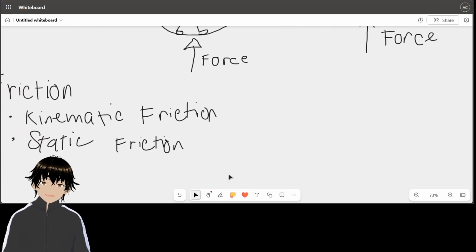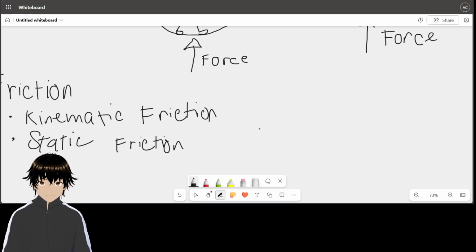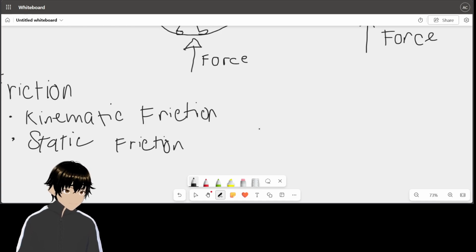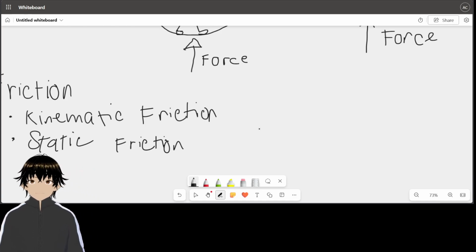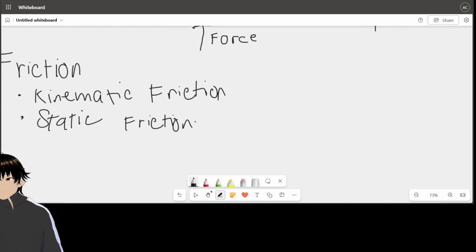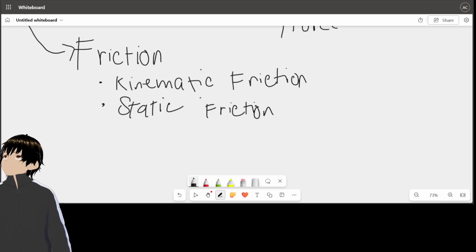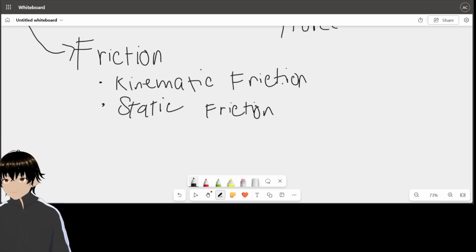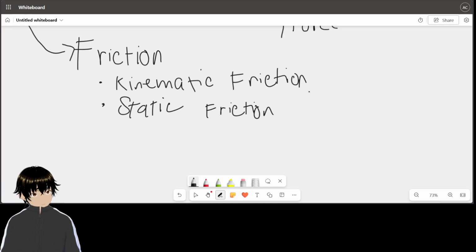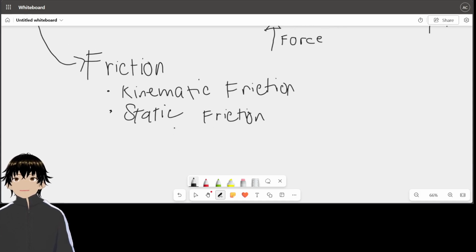Never mind. I don't really understand kinematic friction that much, but we'll try to get a clarification later on. But static friction, yeah, I think the only thing I understand from these two is that one is related to moving objects, and one is not. Okay, so static and kinematic friction.